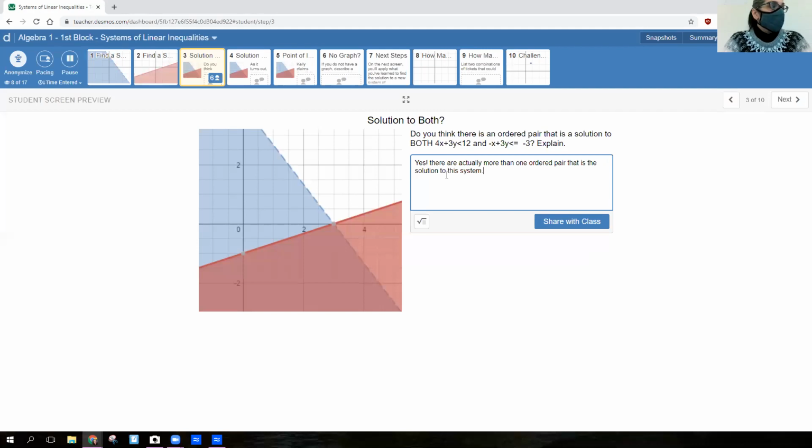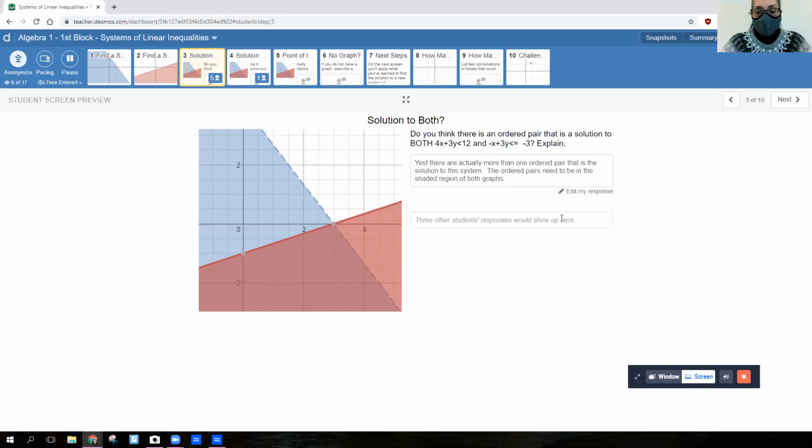Okay, so the ordered pairs need to be in the shaded region of both graphs. So there's my response, okay? And a lot of you said the same thing, very good. So the shaded region for both graphs is in this area right here, okay?